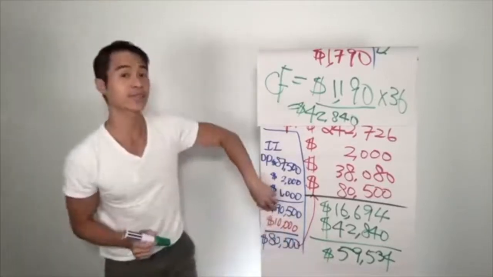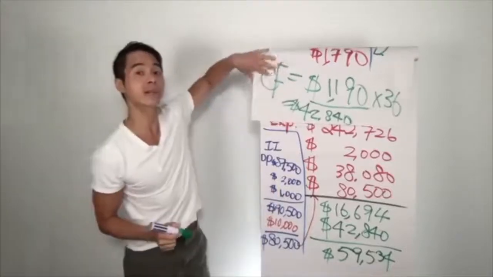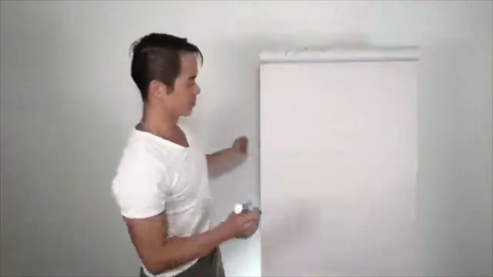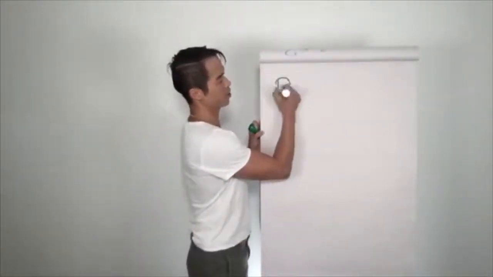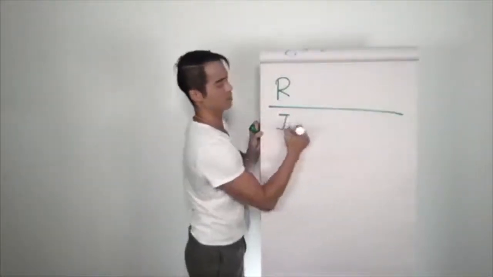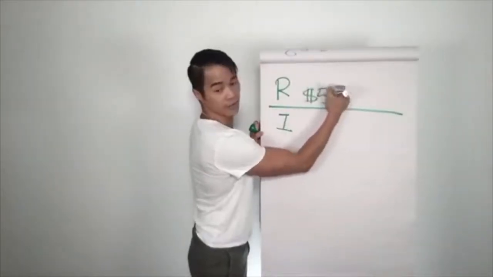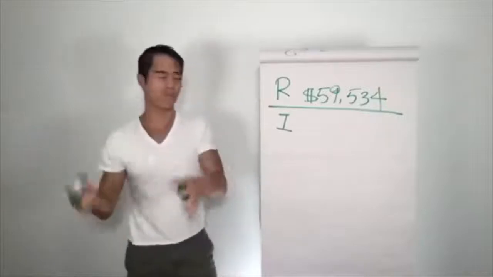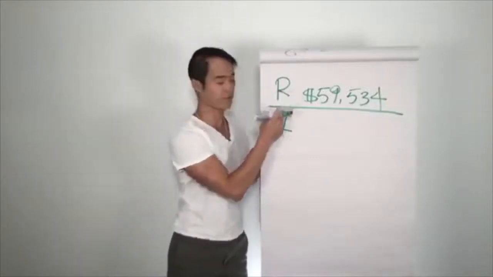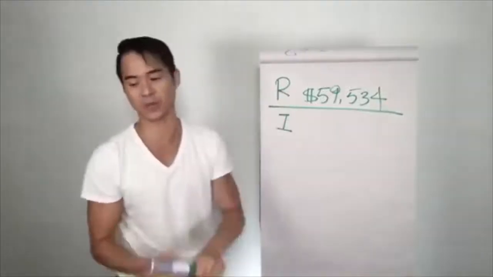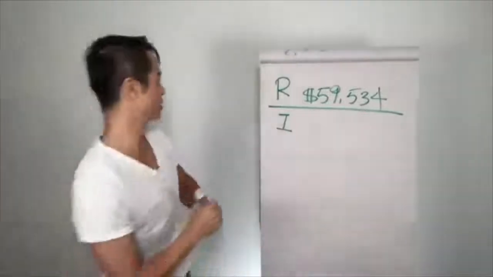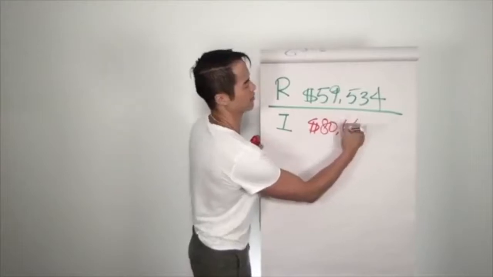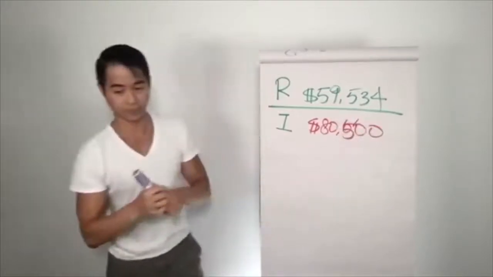So let's figure out how hard has our money been working for us. Okay? So our return on investment on this deal is $59,534. This is how I remembered it. Return on investment, return meaning your total profits sitting on your initial investment. And I believe our initial investment earlier was $80,500. Okay?